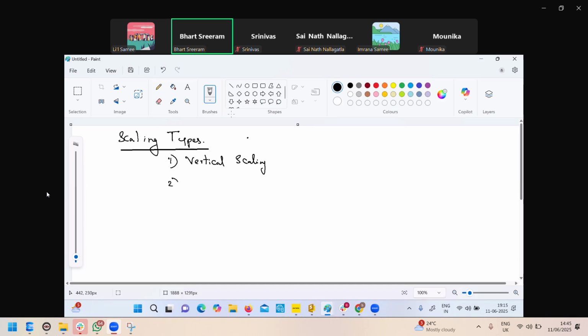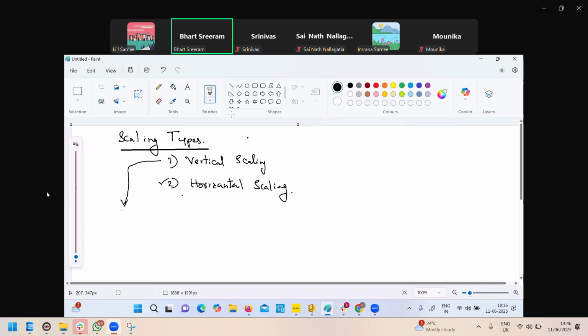Second, horizontal scaling. Nowadays, the latest trend in data processing is horizontal scaling. This is one of the most important things. But vertical scaling is not outdated.